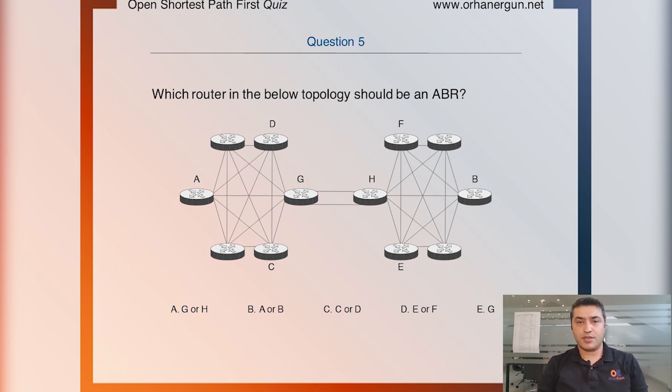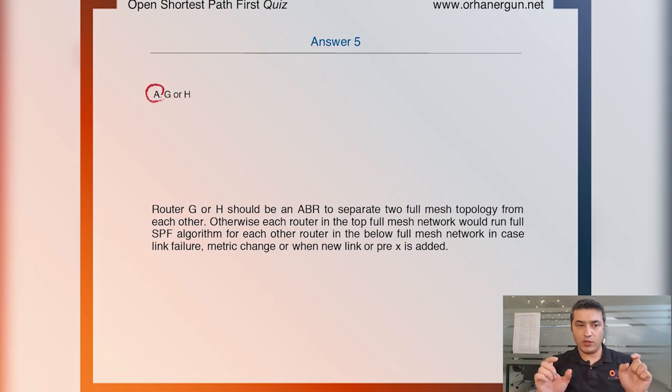If you have a multi-area design here, router G and H should be ABRs. Why? Because when they are ABRs, all the other routers on the left and right can be in different areas. Let's say the left full mesh domain can be in area 10.